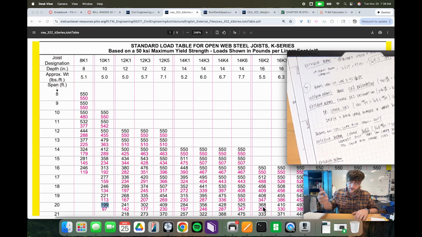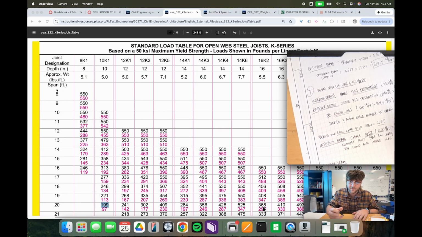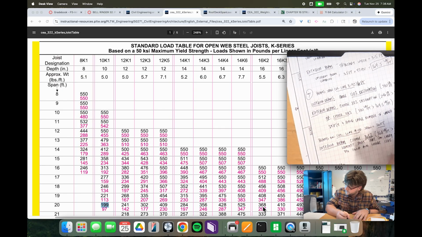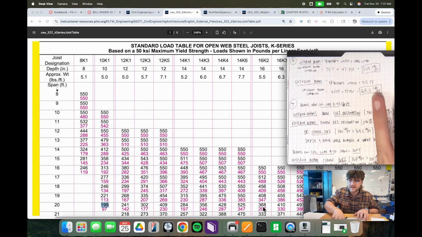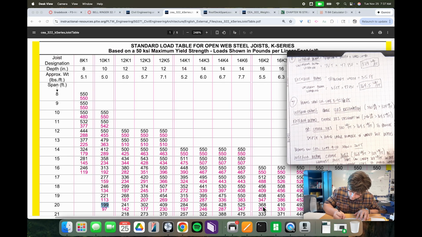So according to the joist table, the first option we run into, so 10K1 is a safe option. So it's 10K1, that was 199 pounds per foot, which is greater than our 164.5 pounds per foot.